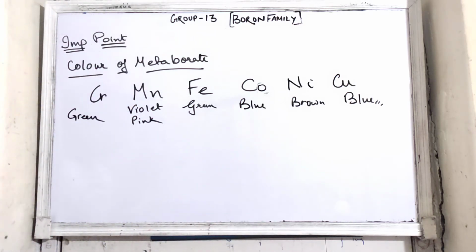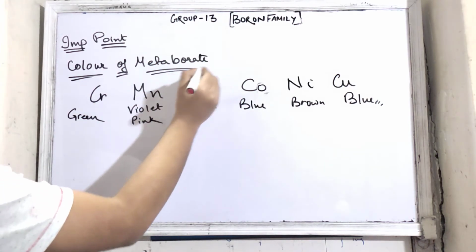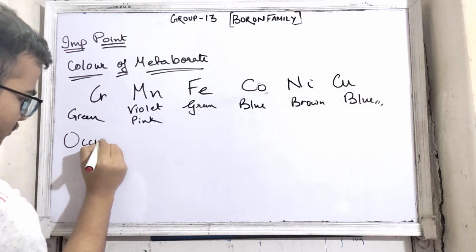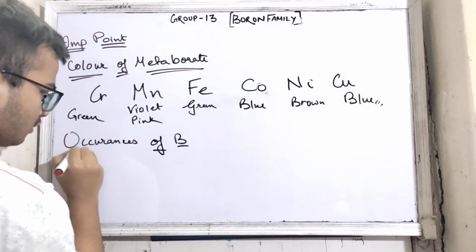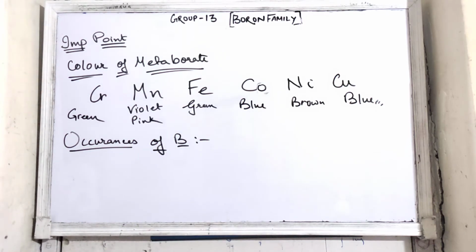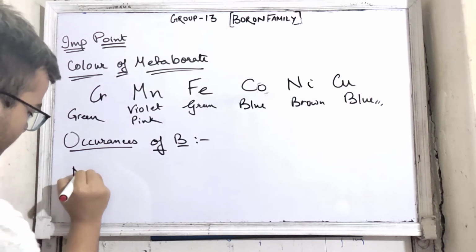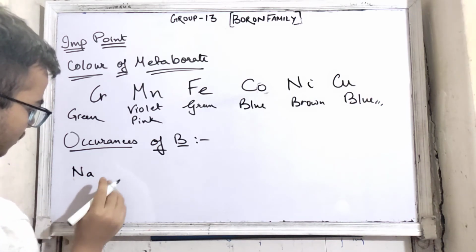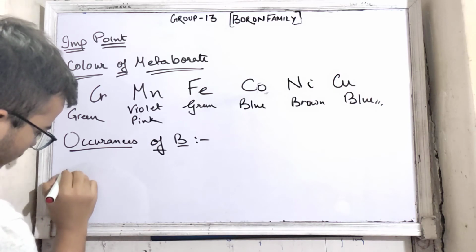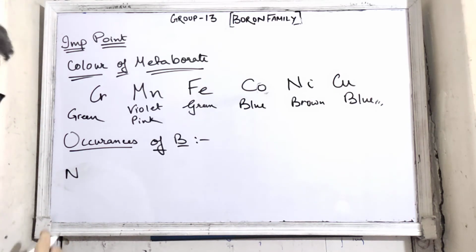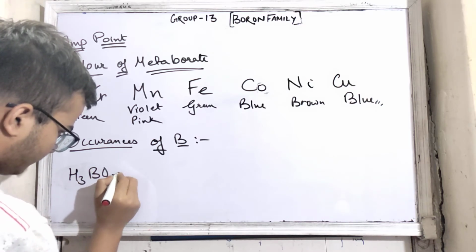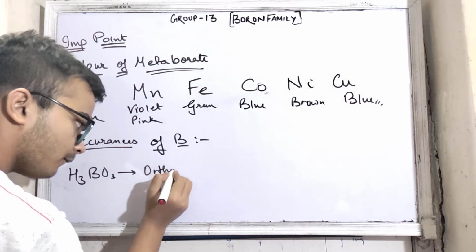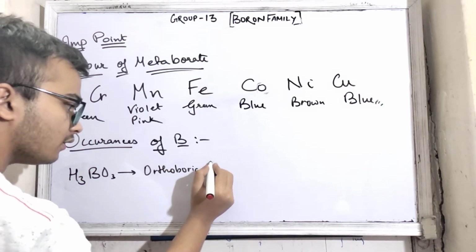Now let's move to the occurrences of boron. Give the heading occurrences of boron. First is your orthoboric acid, H3BO3.